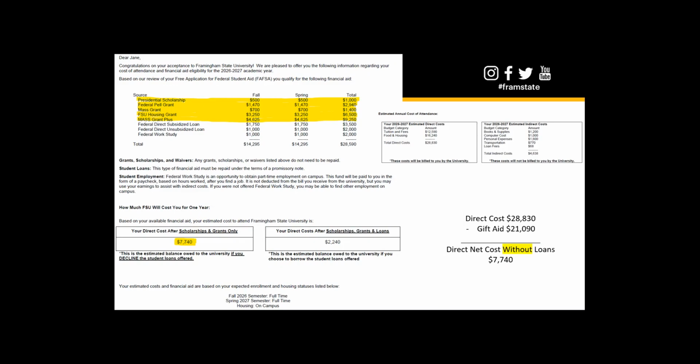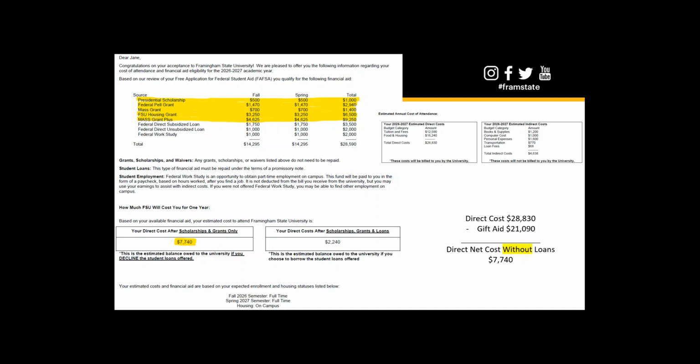Here is a sample financial aid offer letter from Framingham State. So we're very proud about the transparency of our offers. We really clearly spell everything out as clearly as possible. So here I've highlighted all of the gift aid that this particular student was offered.